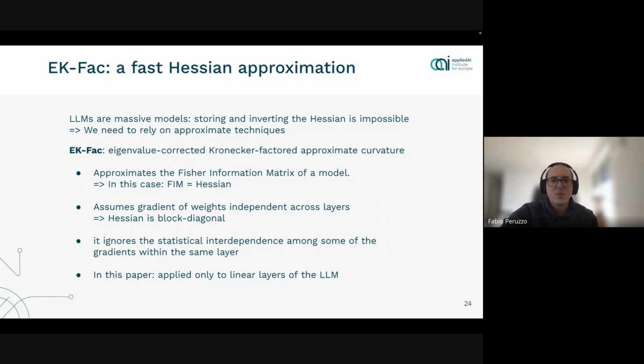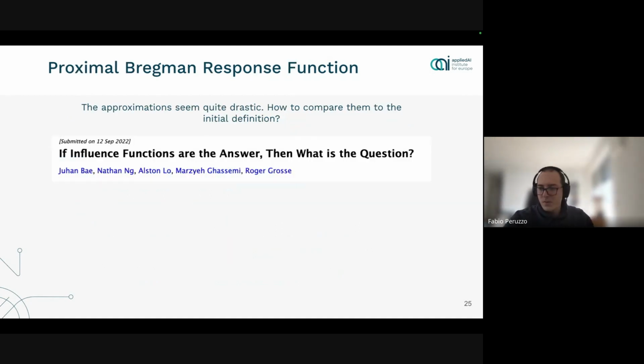So how do we know that this approximation is not too much? It really feels like we're adding noise on top of noise. The problem that we had with influence functions is that the predictions were already unreliable, and this seems to throw us off even more. The interesting part from the theoretical perspective in the paper is that if you were to compare the results that you obtain from EKFAC to the leave one out definition, the definition that was given at the beginning, you would get very bad results.